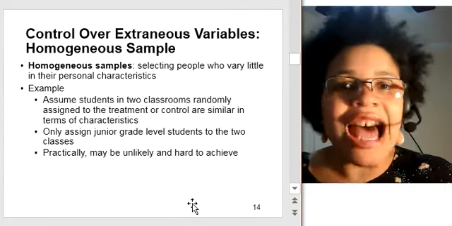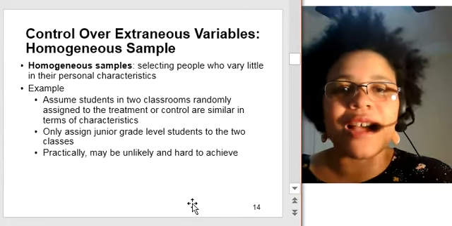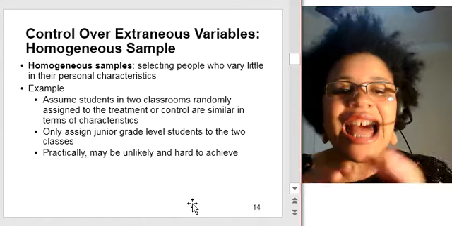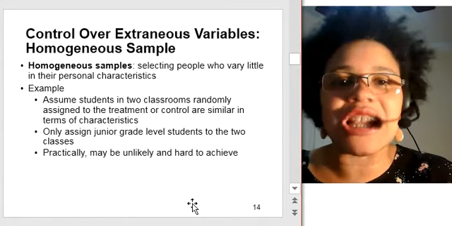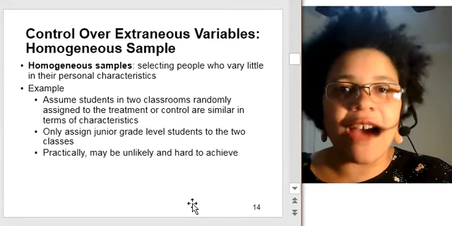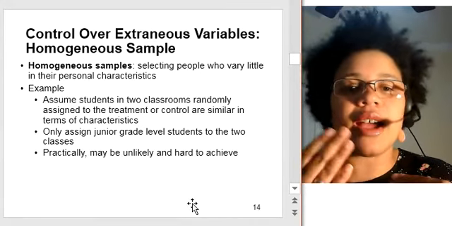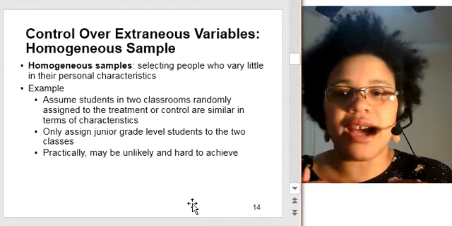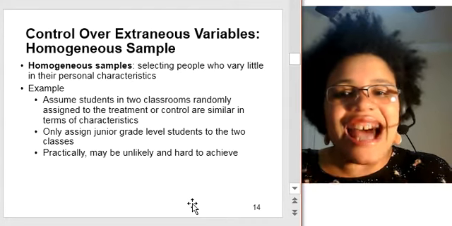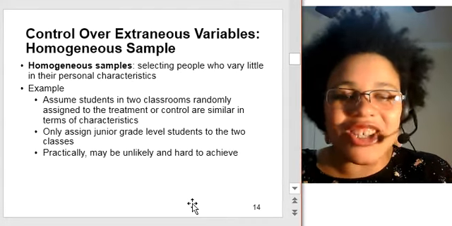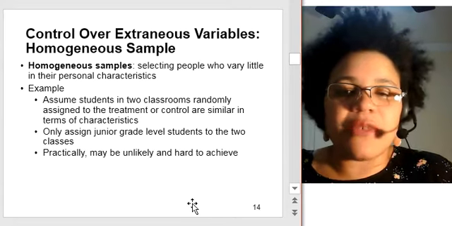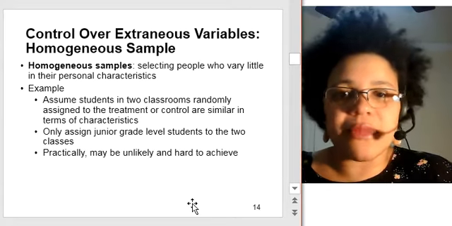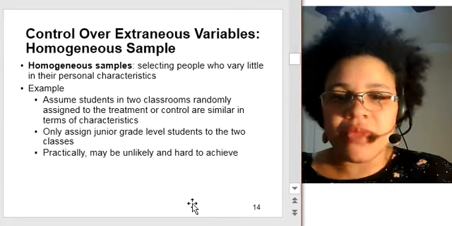The teachers have about the same number of years of experience. We're going to have two very similar classes and have one be the control and one receive the treatment, as a way to try to get control over some of these extraneous variables.